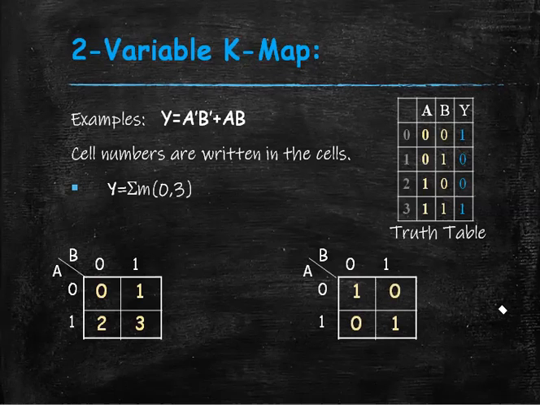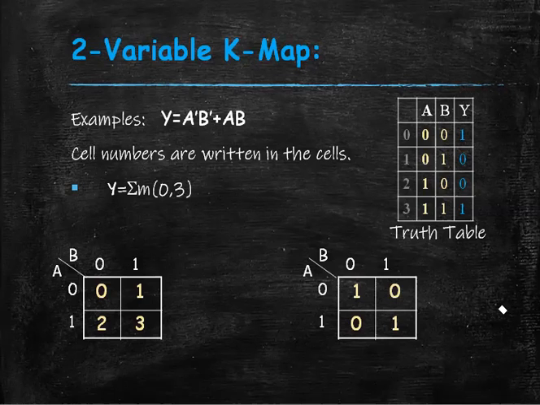Okay. Then you have to obtain the K-map from the SOP, or from the Boolean expression, or from the truth table.